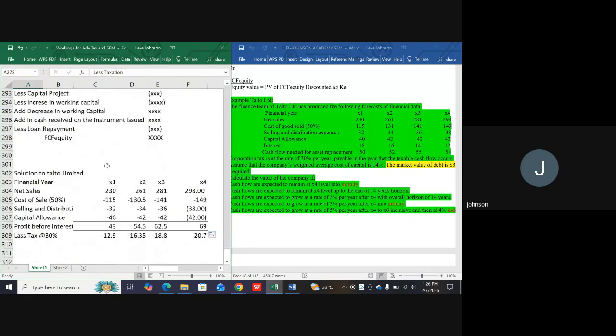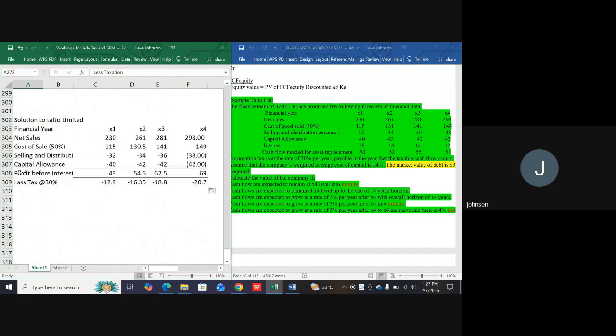So when we come back to this place, we've done our profit before interest and tax, which we've gotten like this. Then we've less our tax. What's the next thing to do? We need to add back non-cash items. So add back capital allowance. Capital allowance is what represents our non-cash item.